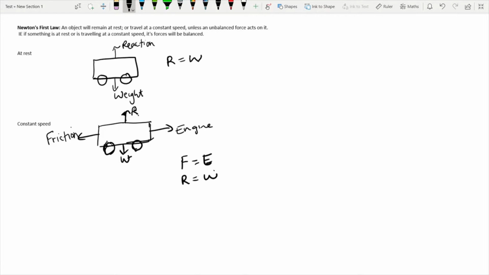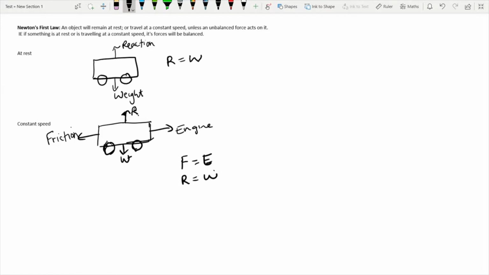So that's only if something is at rest or at constant speed. Okay, so that's Newton's first law. If something is at rest or if something is moving at constant speed, there are balanced forces acting upon it.